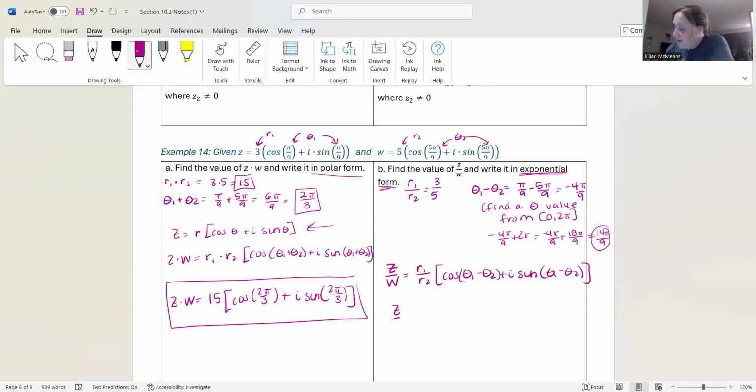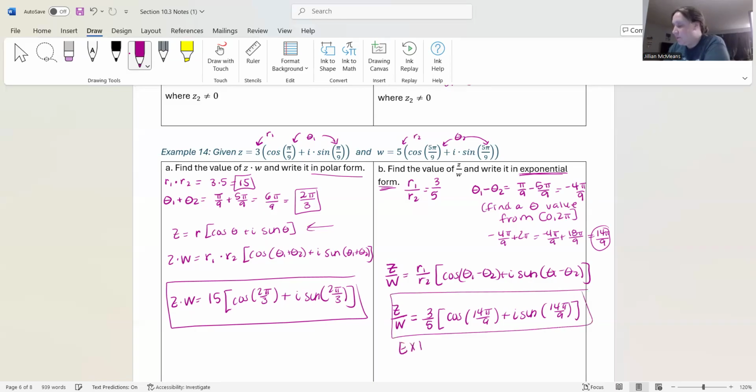So we're just going to get z over w equals 3/5 times cosine of 14 pi over 9 plus I times sine of 14 pi over 9. And again, oh shoot, was anybody going to stop me? We're supposed to be doing exponential form. Anyway, we've got our polar form right here, but let's plug this into exponential form.